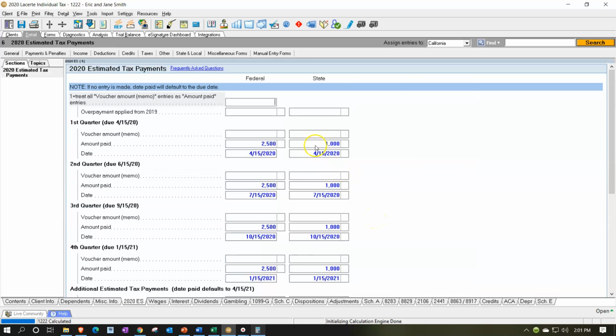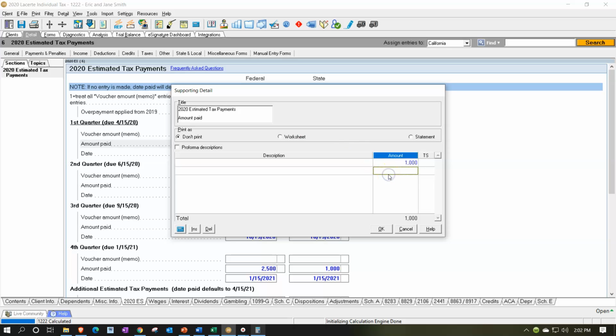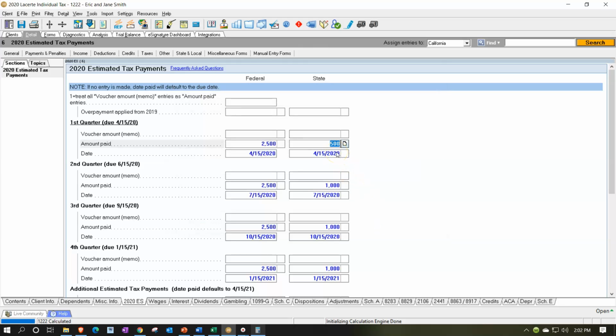So I'm going to go to my estimated tax payments. Now these are not property taxes. These are the estimated state taxes, which are included in the state and local taxes that can be deducted. I'm just going to reduce this first one by 500 and say we didn't pay 1,000 for the state taxes. We only paid 500. Okay. And so now if we add them together, it should be under the threshold and we won't have that problem.